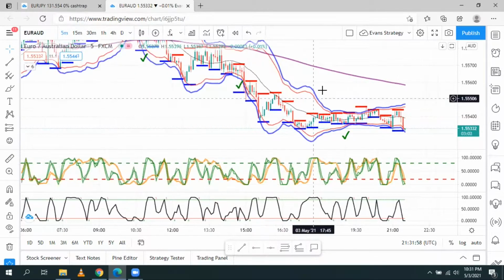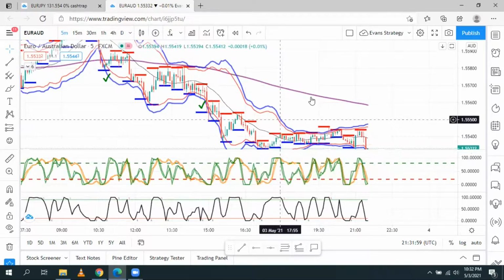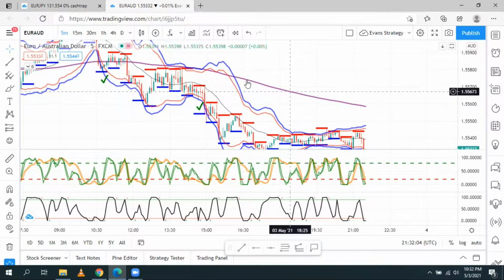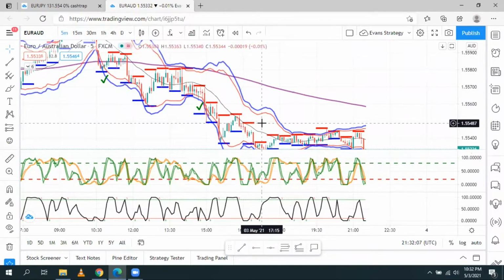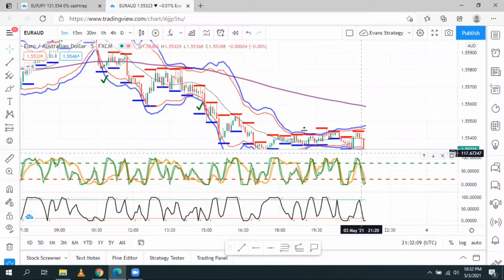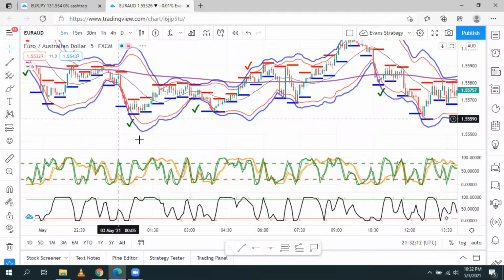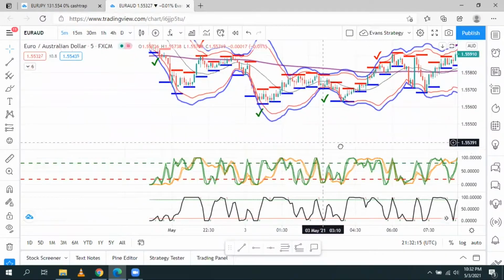Although the 200 moving average, which is this purple line you're seeing here, is pointing down, whenever the market is below it, that means you are on a downtrend. Whenever the market is above that 200 moving average, that means you are on an uptrend.